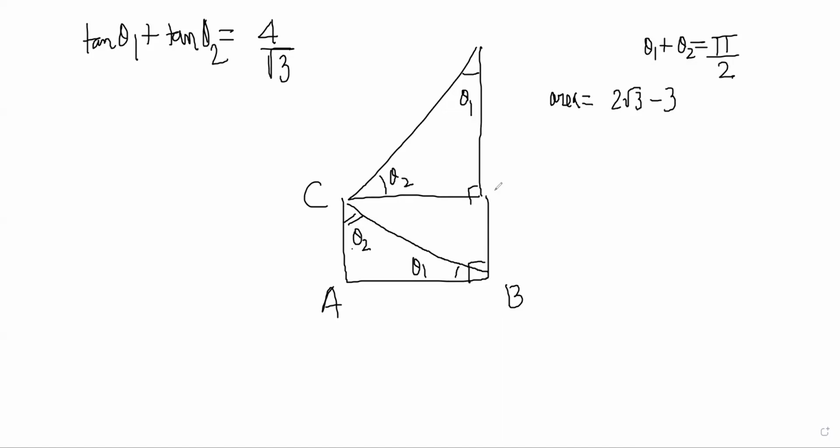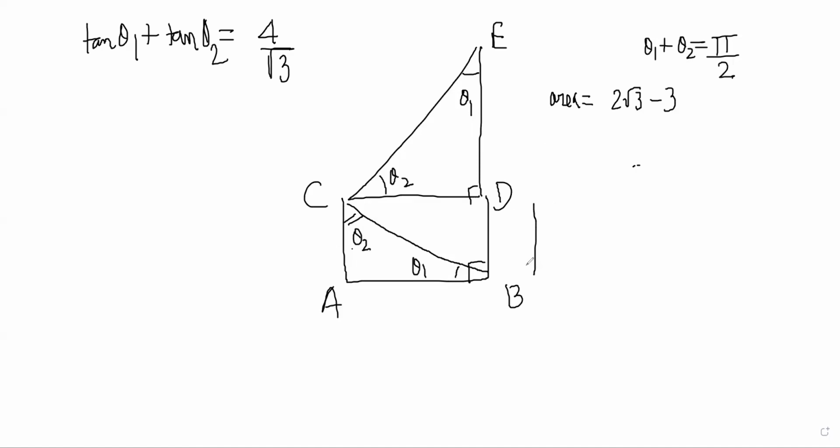So I'm taking CD length as L. Then BE is equal to L tan theta 2 plus L tan theta 1 equal to 4L. So L gets cancelled. What is your L? BD.